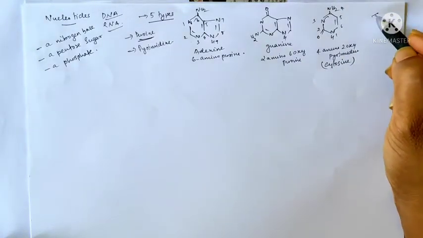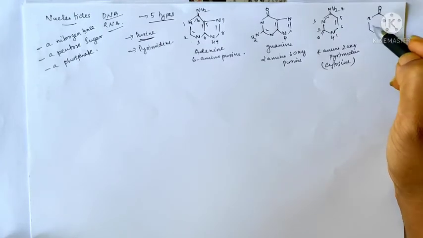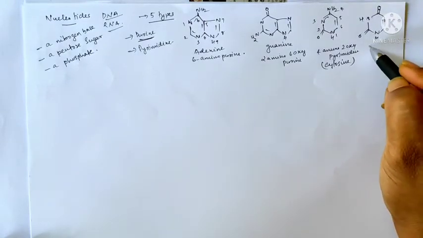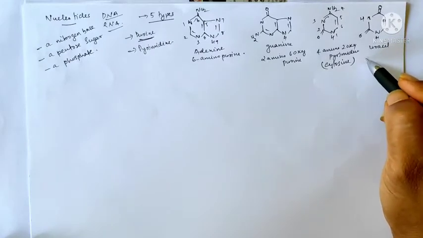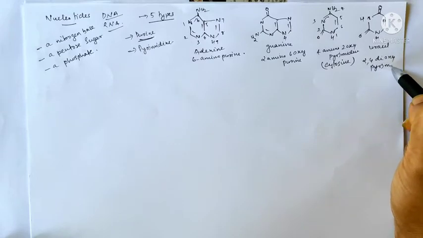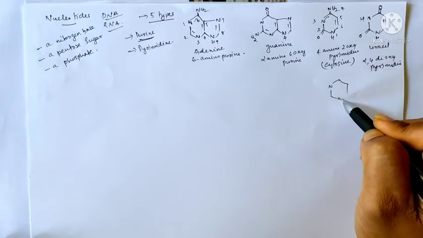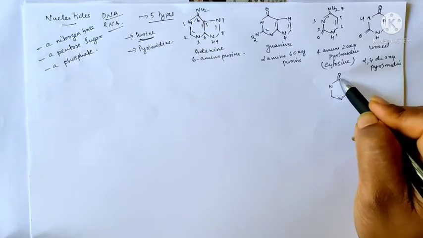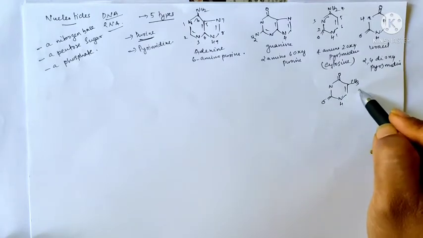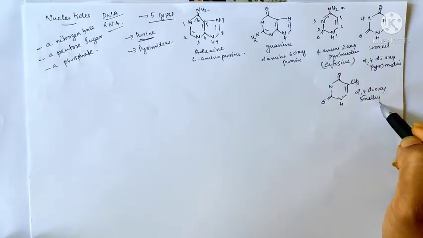Then another pyrimidine nucleotide. This is uracil, 2,4-dioxypyrimidine. Then 2,4-dioxy 5-methyl pyrimidine.